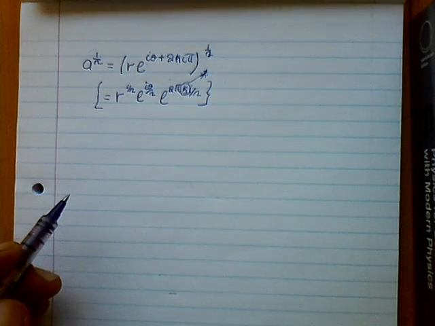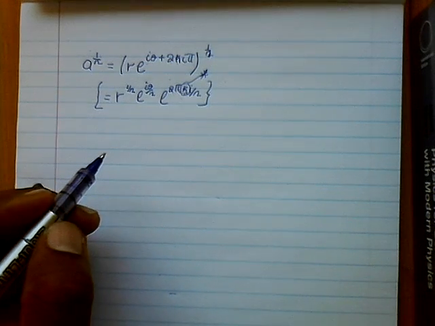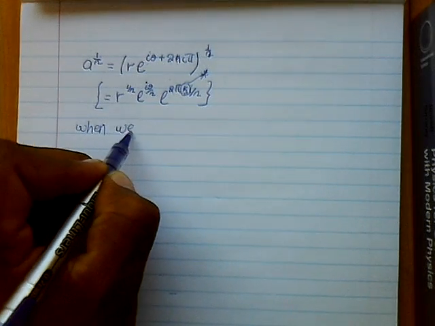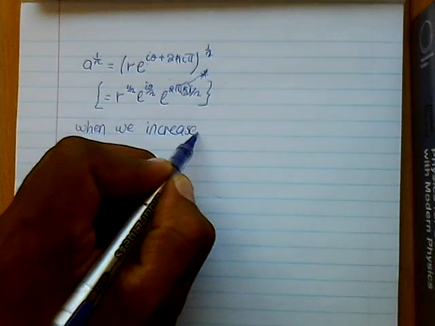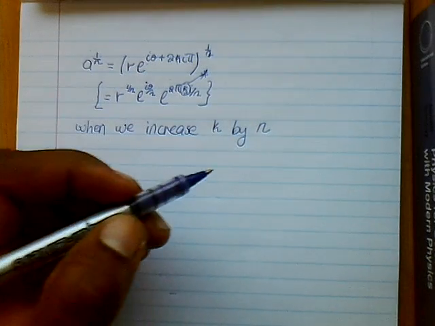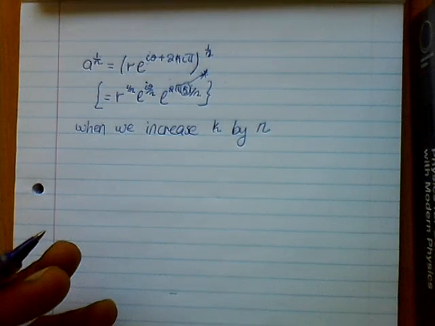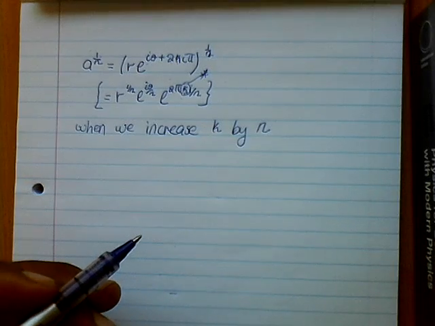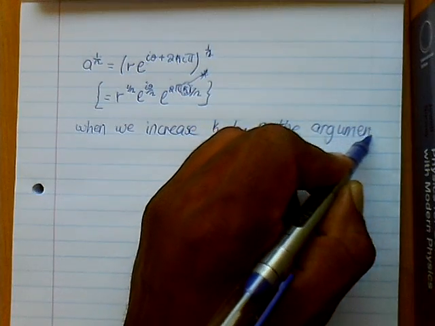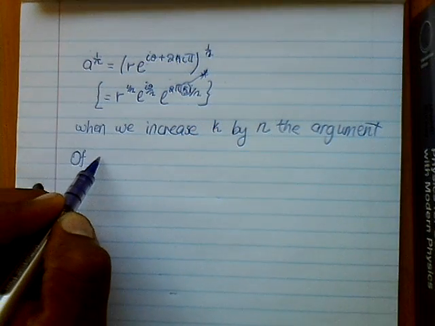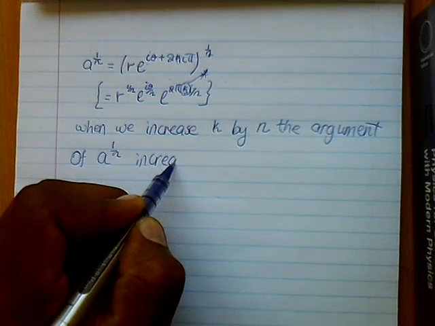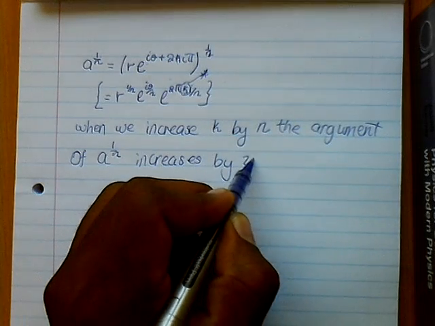increases by 2 pi. That is, when we increase k by n, the argument of a to the power of 1 over n increases by 2 pi.